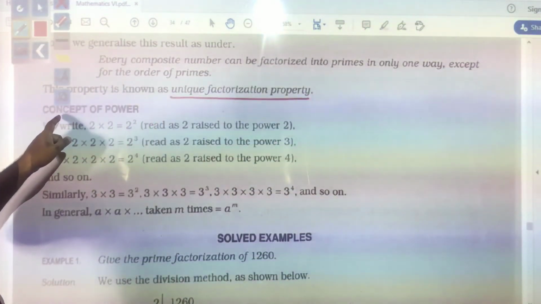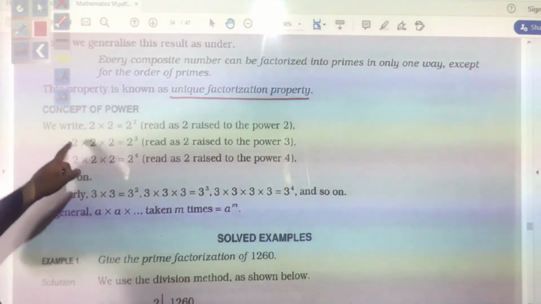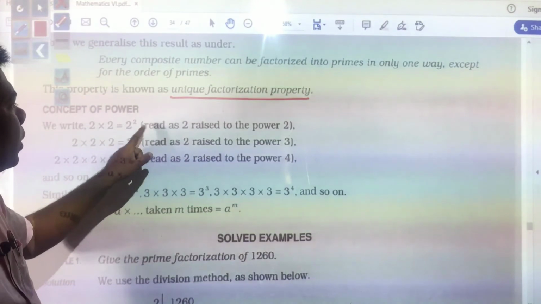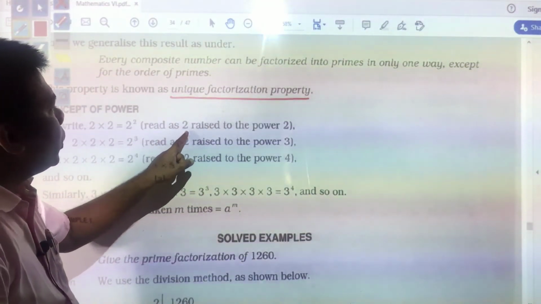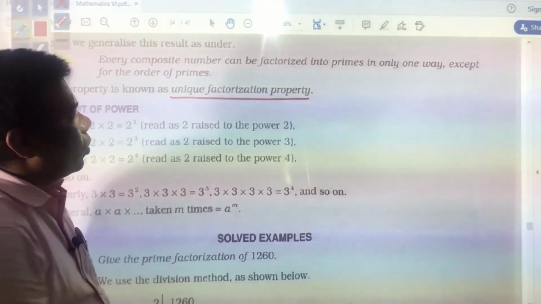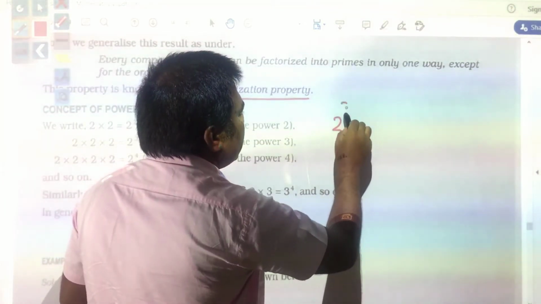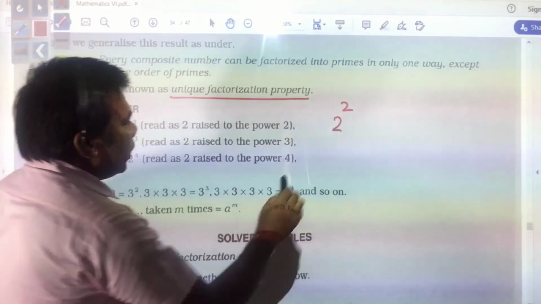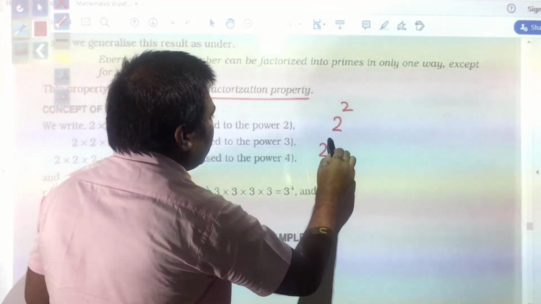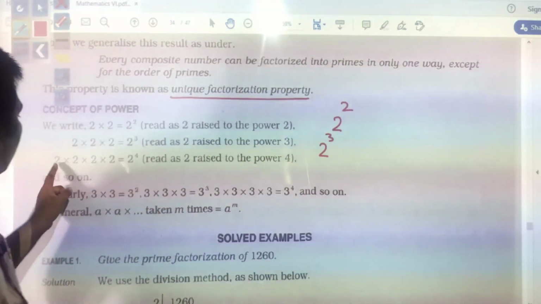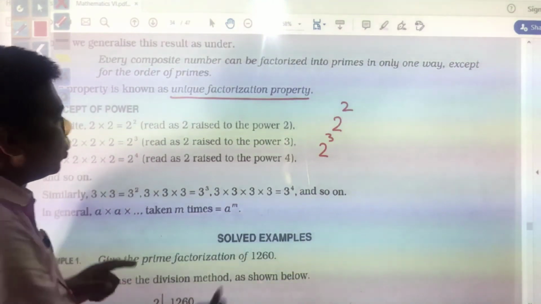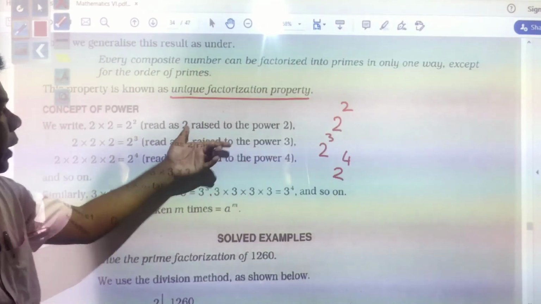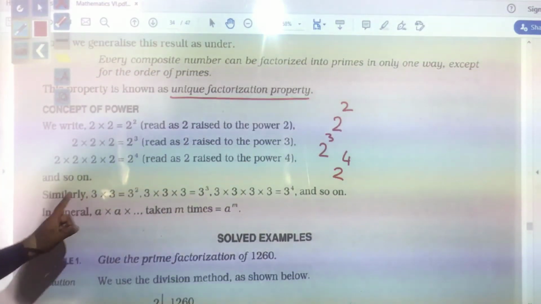Okay, next you have the concept of power. Here you see we write 2 into 2 as 2 square. It is read as 2 raised to the power 2. 2 into 2 into 2 is 2 raised to the power 3. 2 into 2 into 2 into 2 is 2 raised to the power 4, and so on.